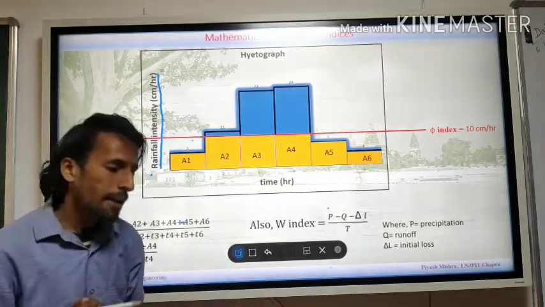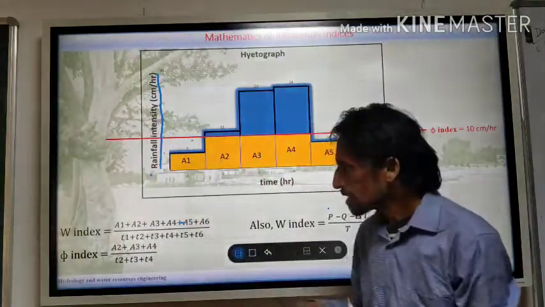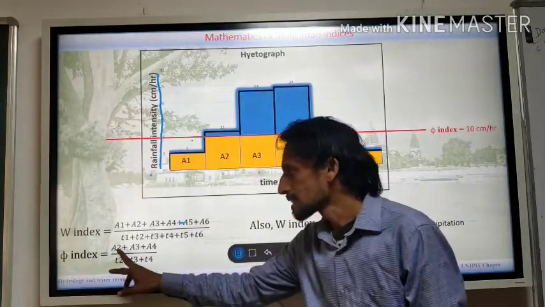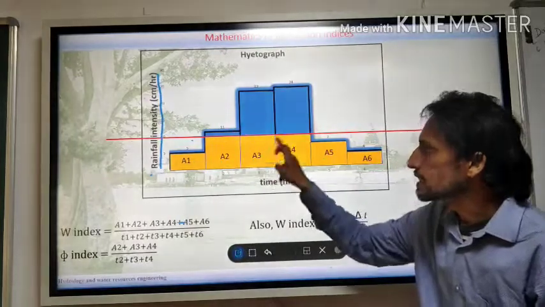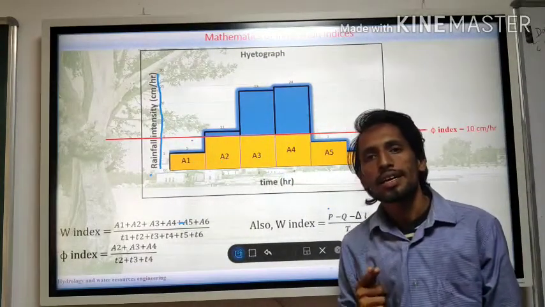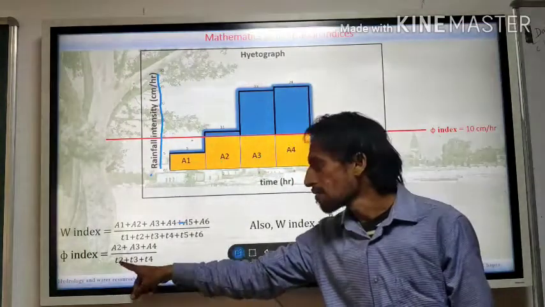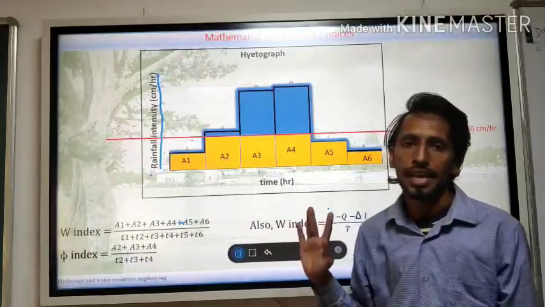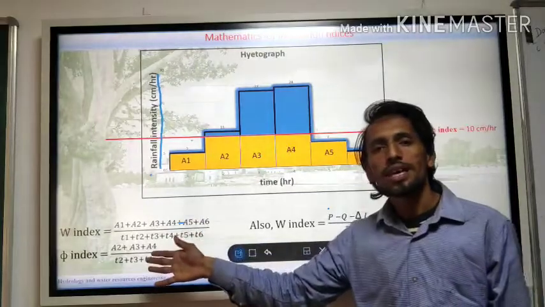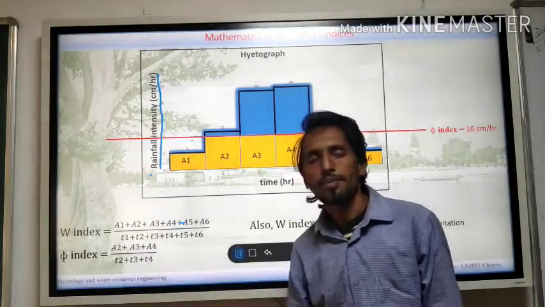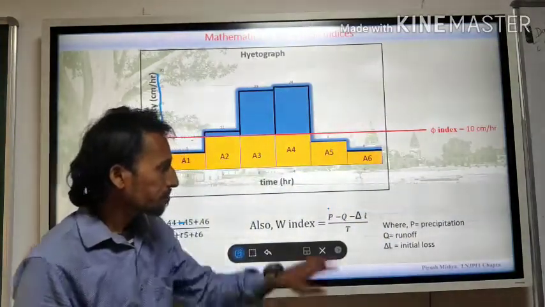Only then can you find out whether this is the maximum value or not. If you observe here, phi index has A2, A3 and A4. These three blocks are creating runoff. That is why we have taken them. Similarly, we have taken time for these A2, A3 and A4. When you do this division, you can get your maximum rate of W index or phi index.